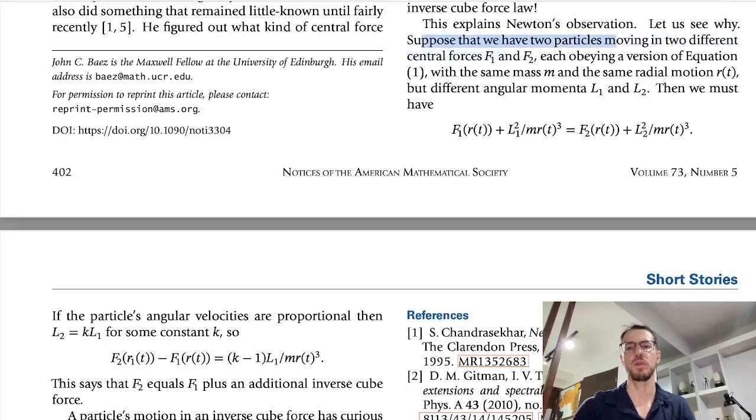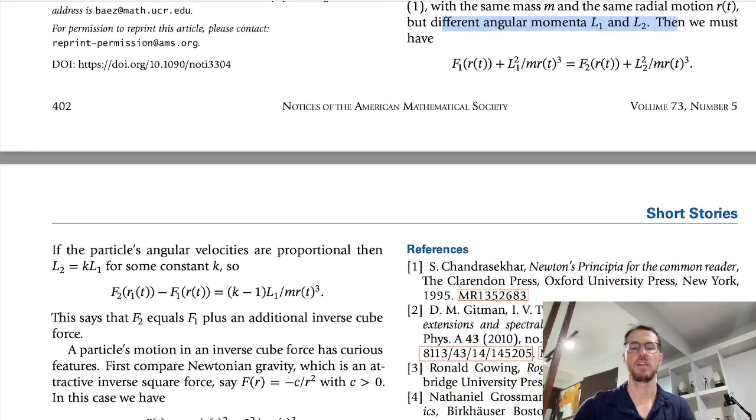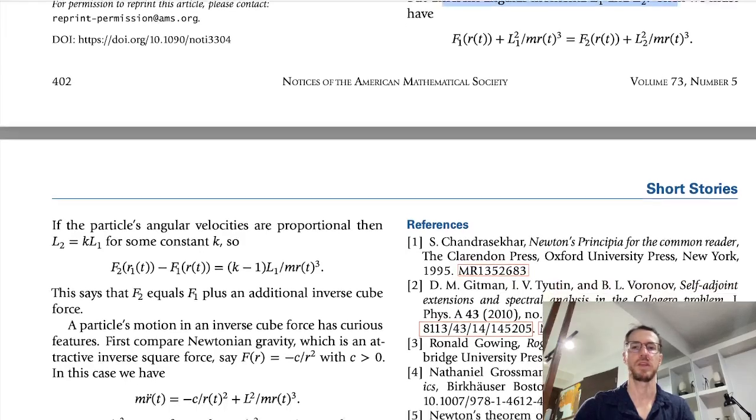Suppose that we have two particles moving in two different central forces, F1 and F2, each obeying a version of the equation above, with the same mass m and the same radial motion r(t), but with different angular momenta L1 and L2. Then we must have F1(r(t)) + L1^2/(m r(t)^3) = F2(r(t)) + L2^2/(m r(t)^3).